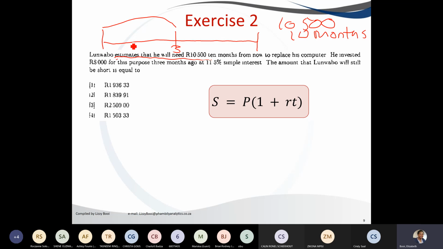He invested 8,000 at 11.5%, and this was invested at a simple interest rate of 11.5%.